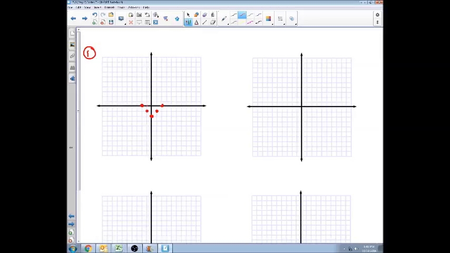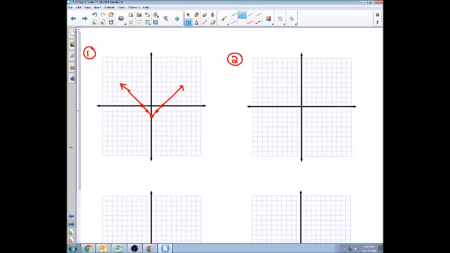It already pretty much resembles a V. The only thing I have to do now is I have to connect the points. All of these graphs are going to have arrows pointing out, and it does resemble a V, so we're absolutely good. Knowing that absolute value should resemble a V, we know we're going to be good.